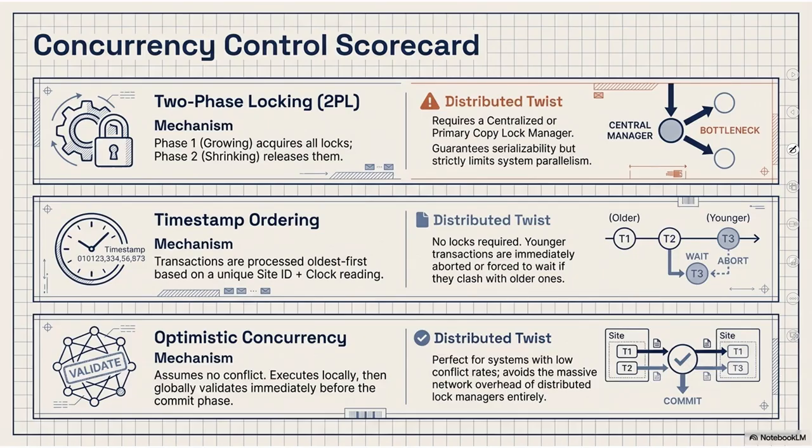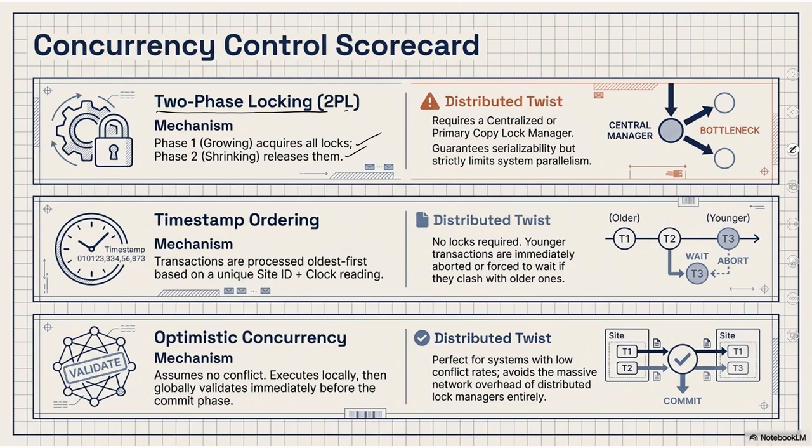And here, just now, we are seeing concurrency control. What concurrency controls are available in a distributed database system? Two-phase locking: in phase one, the growing phase, it acquires all locks, and in phase two, the shrinking phase, it releases them.